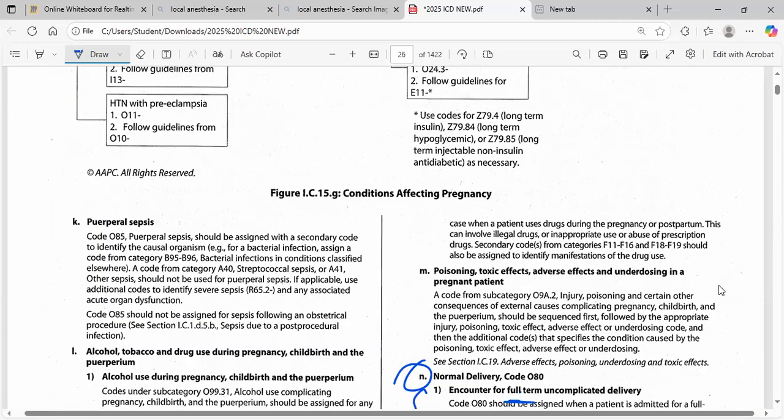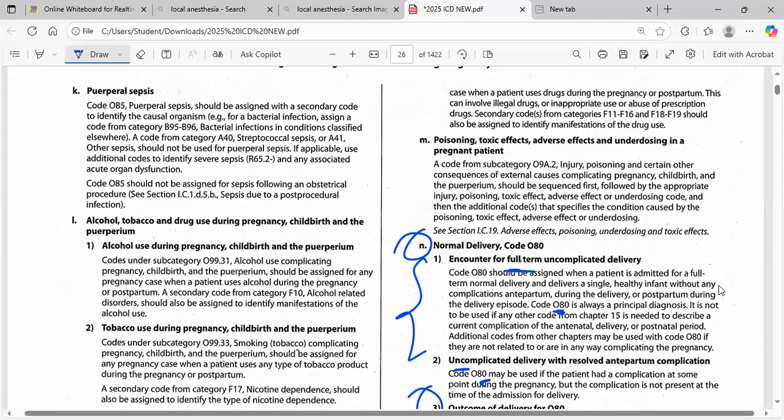Next, we have puerperal sepsis. Puerperal sepsis means the patient developed sepsis after the delivery. For puerperal sepsis, we have a specific code O85 that needs to be used. With this code, we have to use one more code to represent the causal organism of sepsis.